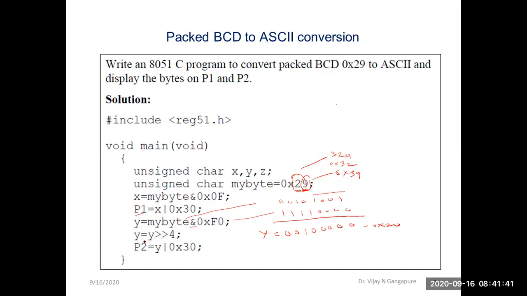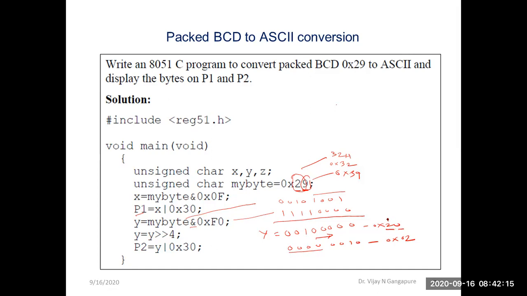Now we do y right shift by 4 positions, and whatever value we get is assigned again to y. When this number is shifted 4 times right, what will happen? I will get 00000010, that is 0x02, meaning I have just shifted this to the lower nibble, and the upper nibble gets filled with 0000.